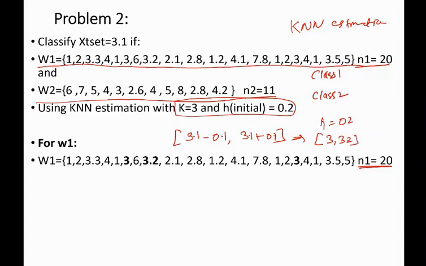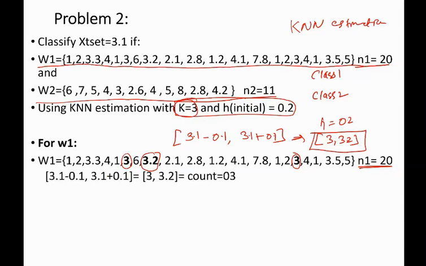That range I have fixed for the window initially, and then I count how many samples from omega 1 fall in this range. This is sample 1, sample 2, sample 3. So I have 3 samples and I was in search of k equal to 3, so that satisfies my condition.